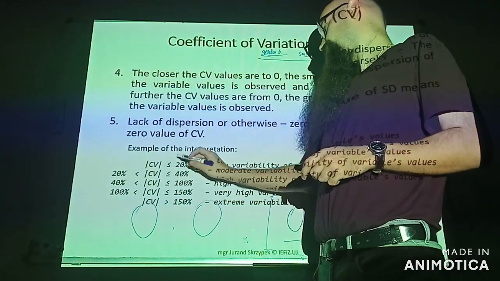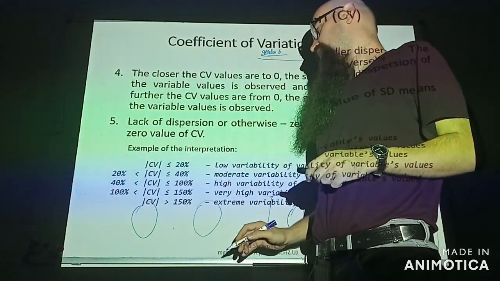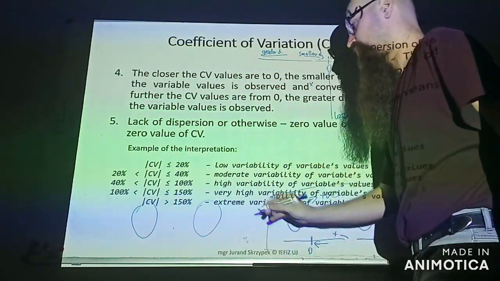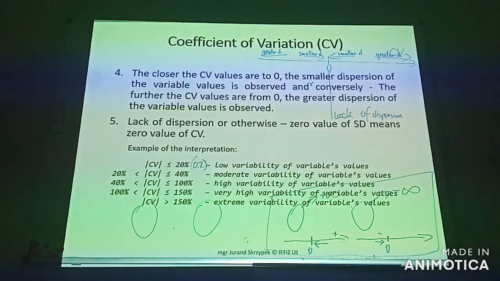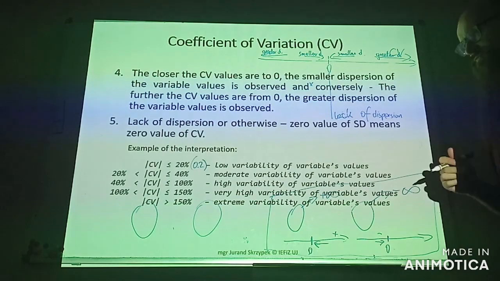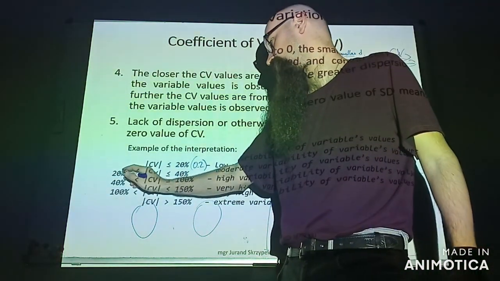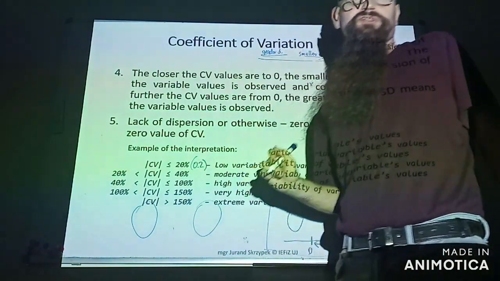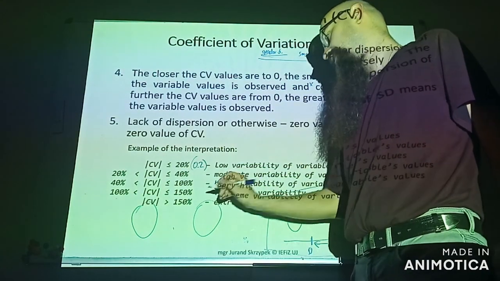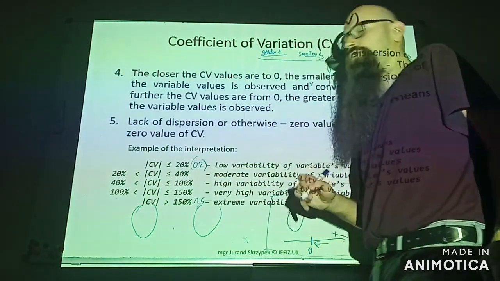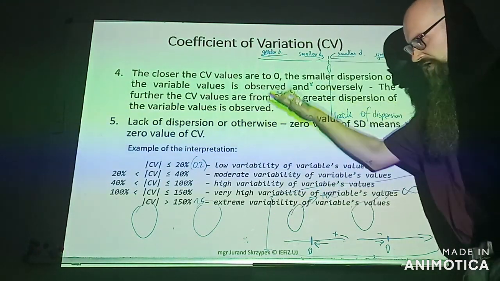It means that if our coefficient of variation is not greater than 20% or 0.2, we are talking about the low variability of variables values. After that we have moderate variability from 20 up to 40% and so on. If we have coefficient of variation higher than 1.5 or 150%, we are talking about the extreme variability.